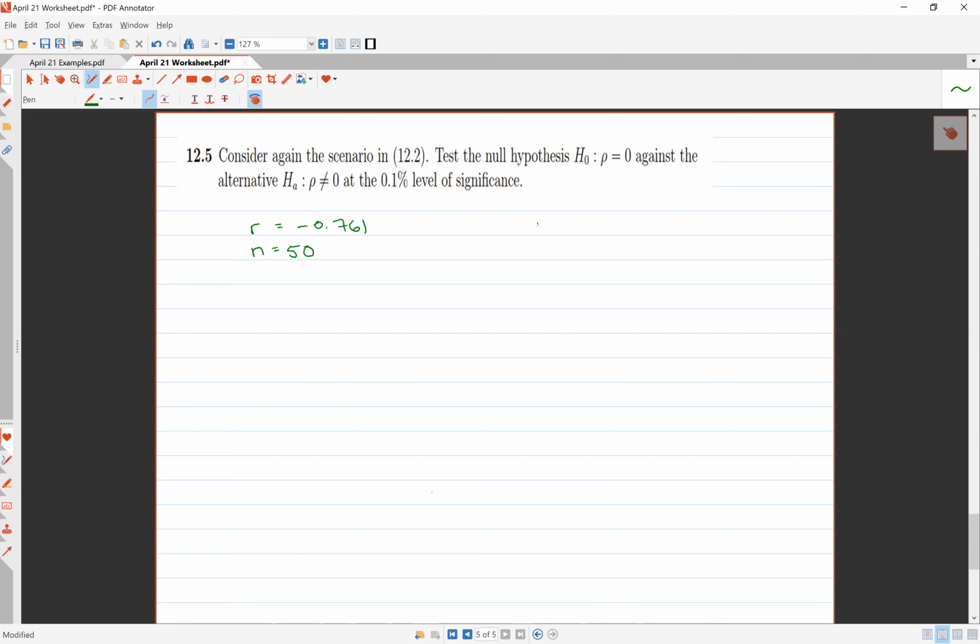Now, the problem never stated anything about normality. So the only way we can do this test is we need to assume the sample was obtained from a bivariate normal distribution or bivariate normal population.